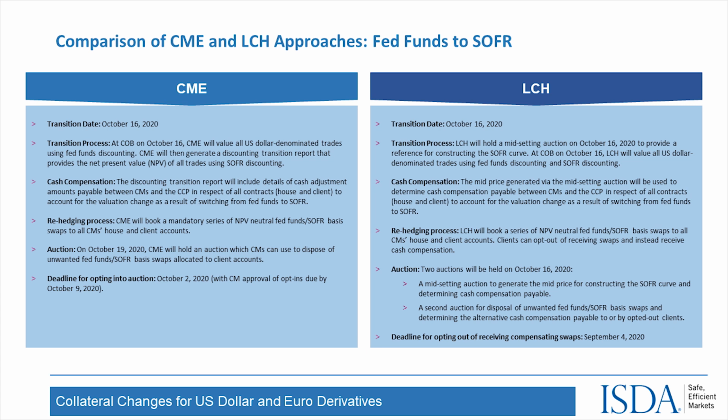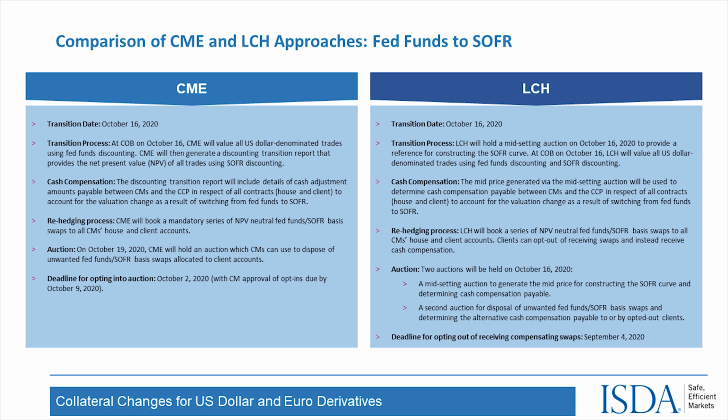In terms of how the transition will actually take place, in the case of CME, at close of business on October the 16th, CME will value all of its US dollar denominated trades using Fed funds discounting. They will then generate a discounting transition report that provides the value of all of those trades using SOFR discounting.